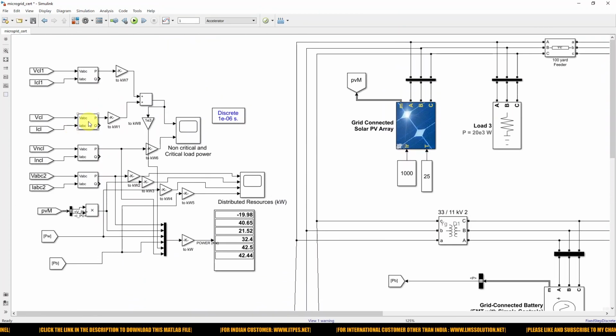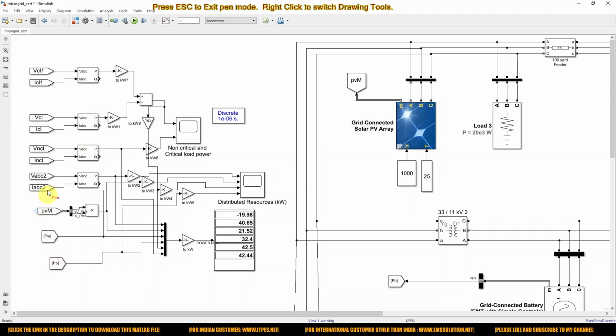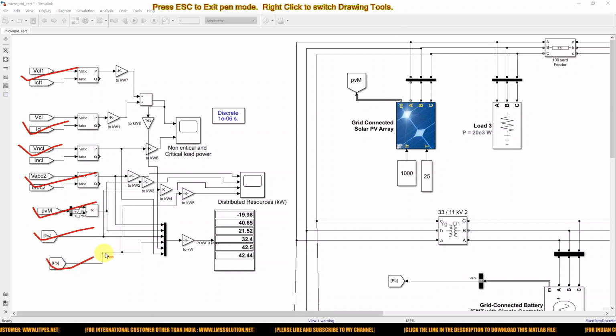Here you can measure the different powers. That means you can measure the different load powers, and then we can measure the power of the grid, PV, wind, and battery, and we can see the detail here.